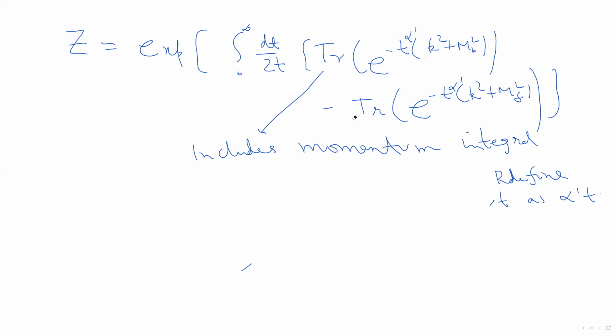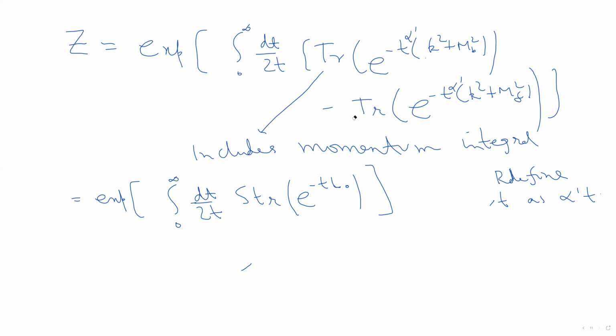So this I can now write as an exponential, integral 0 to infinity, dt over 2t, times super trace of e to the minus t L0. Why L0?